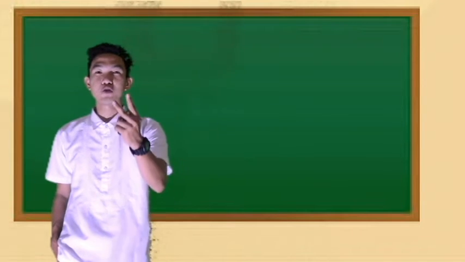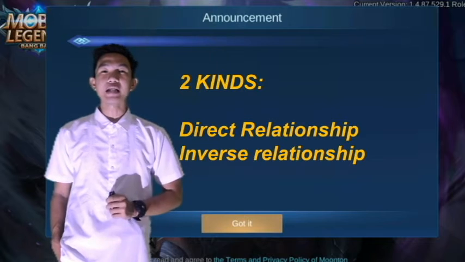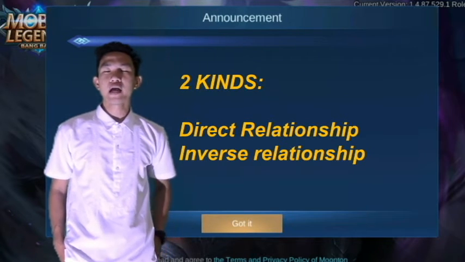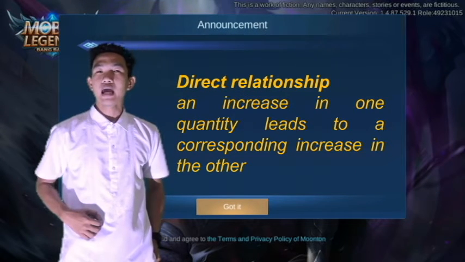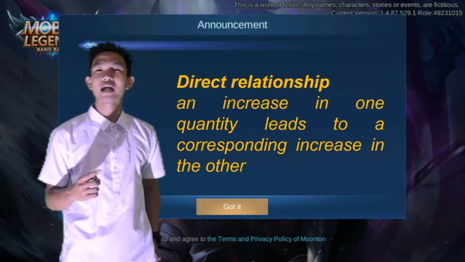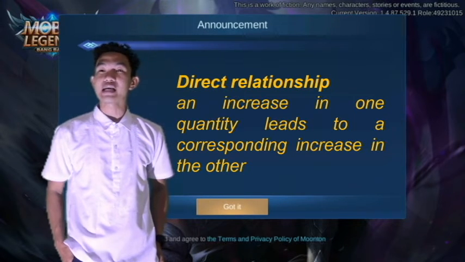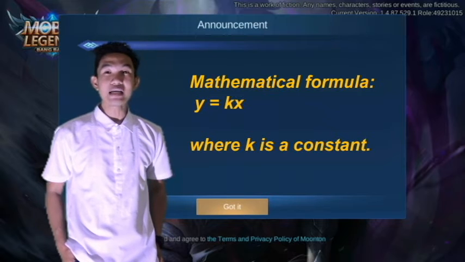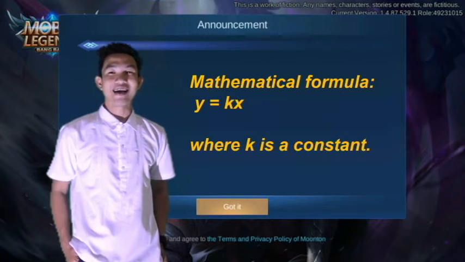So, we have two kinds of relationship, the direct relationship and the inverse relationship. What are their differences? In a direct relationship, an increase in one quantity leads to a corresponding increase in the other. This has the mathematical formula y = kx, where k is the constant.